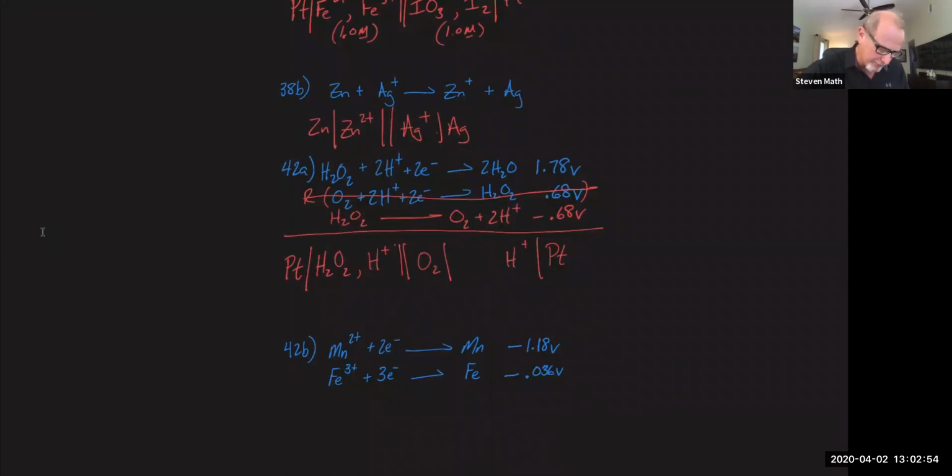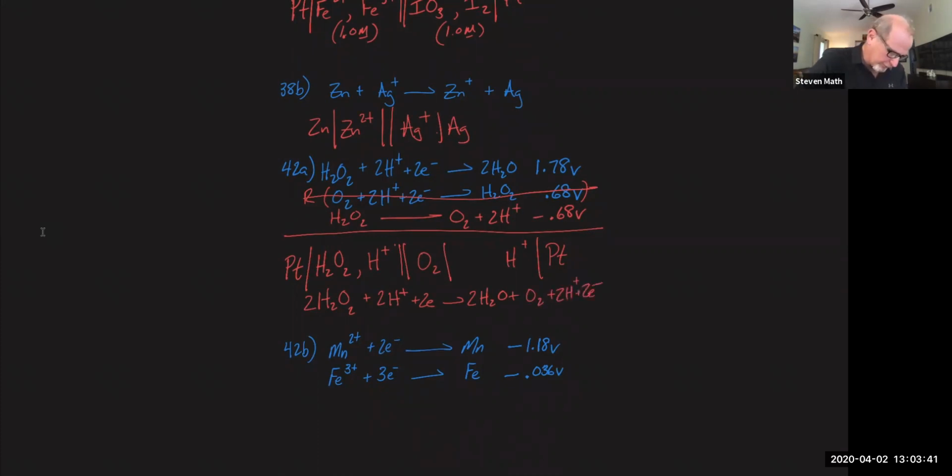We should not need that H, because our overall reaction should end up being H2O2, and we have 2 of those, plus 2H+, that's going to cancel out, plus 2 electrons goes to 2H2O plus O2 plus 2H+ plus 2 electrons.